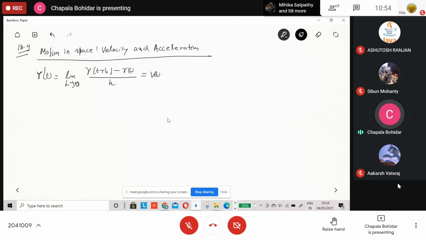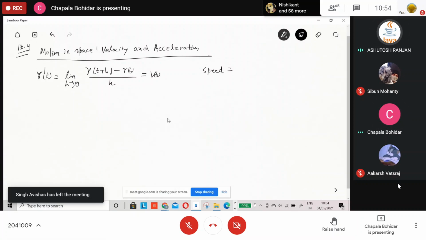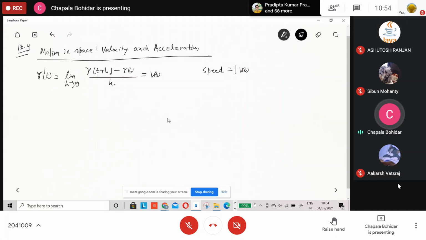So our speed is the absolute value of velocity. Speed, tell me. Speed is equal to, you know it from physics, the absolute value of velocity. It is already done in first semester.